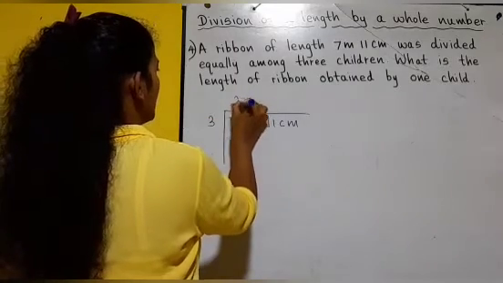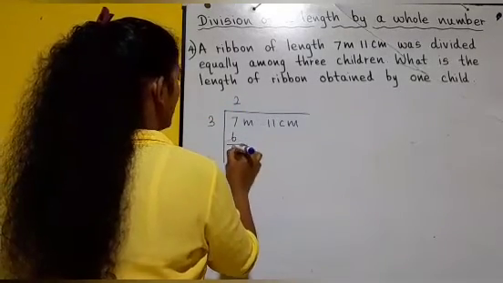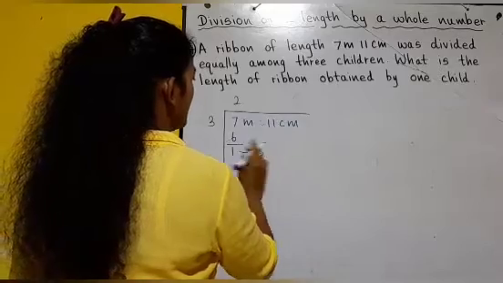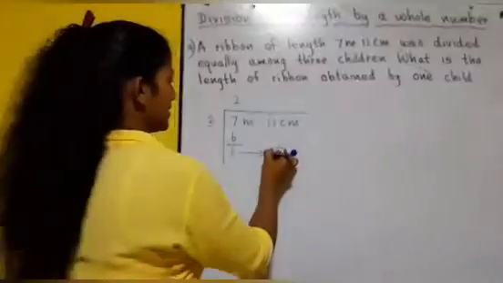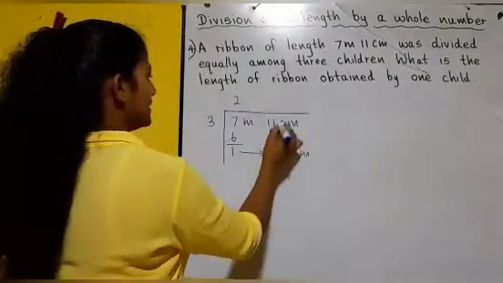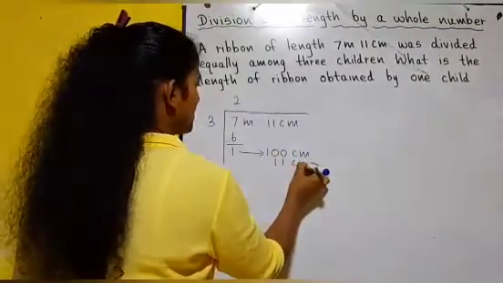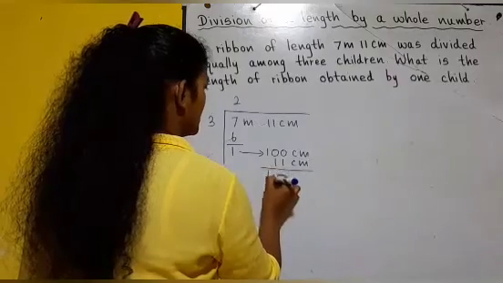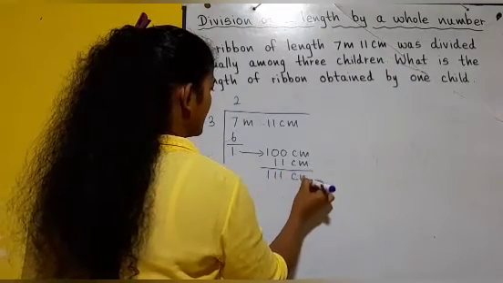3 times 2 is 6. Then 1 remaining. Then this 1 will be converted into 100 centimeters. Then take this 11 centimeters here. The total is 111 centimeters.